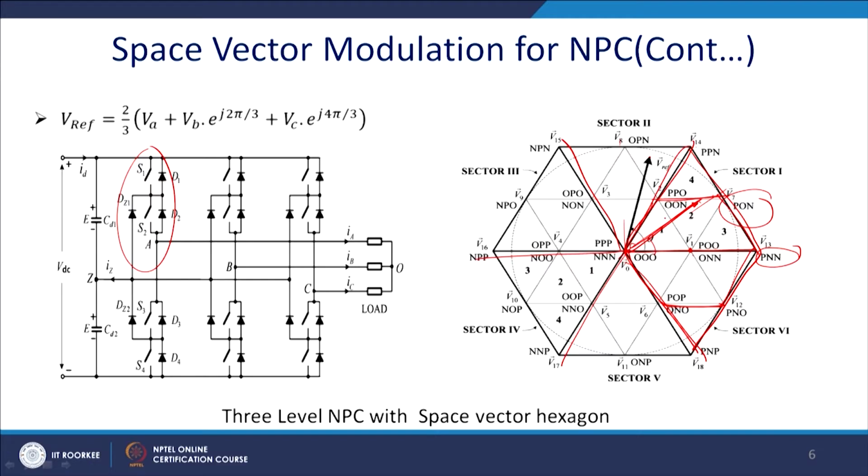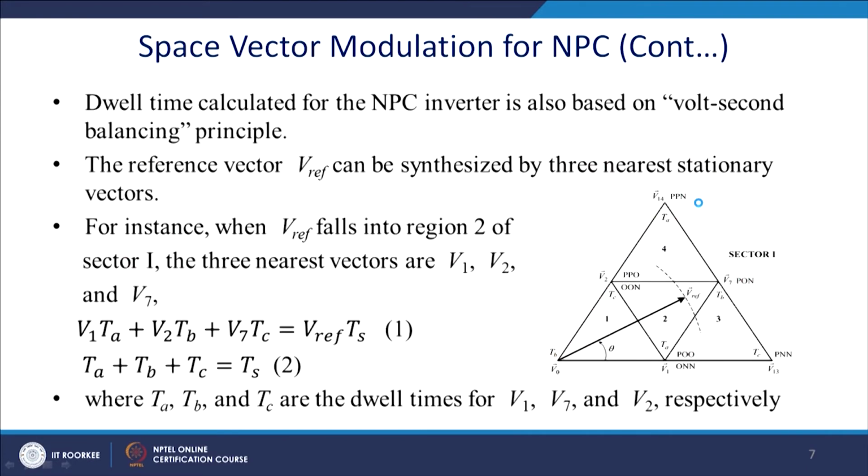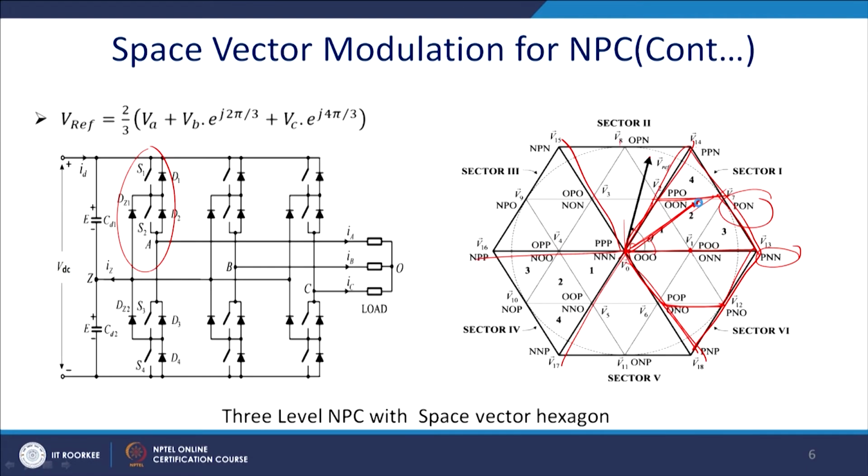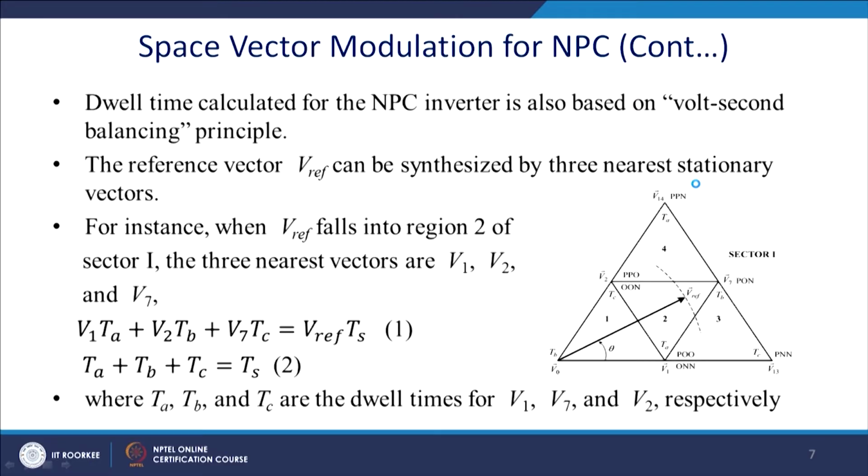Now, we have to find the timing of this vector. So, we have taken this part of the vector. We have this reference vector to be generated, and that has been made by V0, V13, V1 and so on.